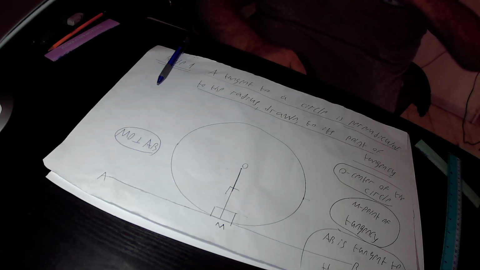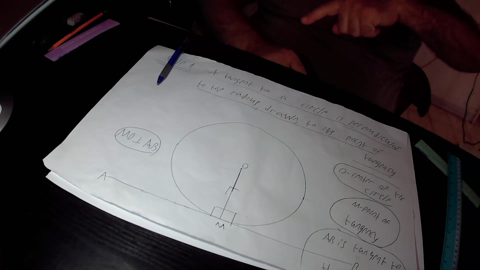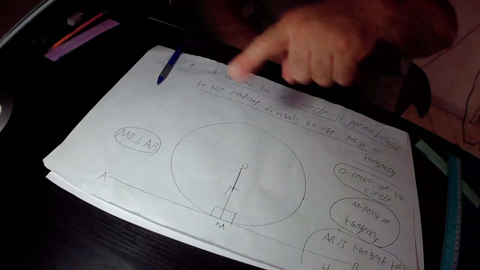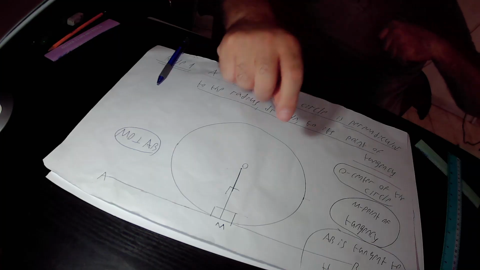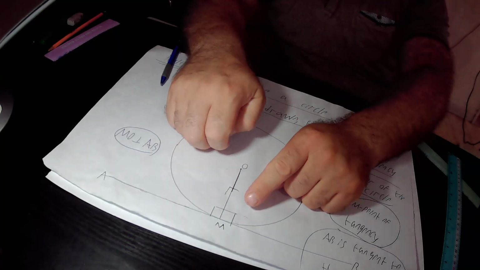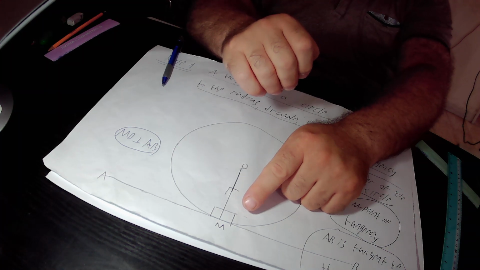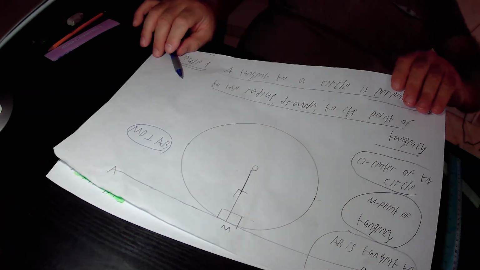And whenever you have a radius drawn to the point of tangency, then tangent AB will be perpendicular to the radius MO. If AB is perpendicular to MO, it means that this angle equals 90 degrees, and this angle also equals 90 degrees according to rule 1. So we can actually implement rule 1 in our drawing.